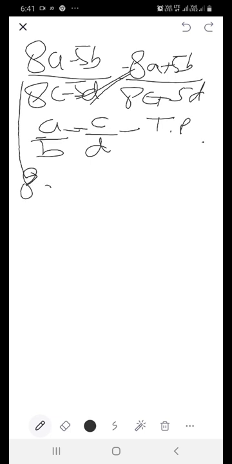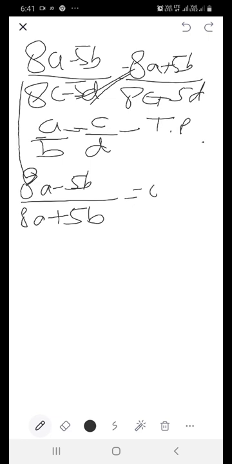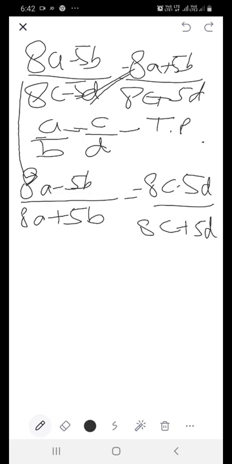Alternando. And on the side of your notebook, you are going to write the property used, alternando. Don't forget to write the property used.